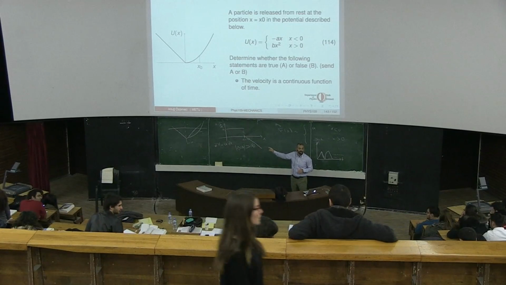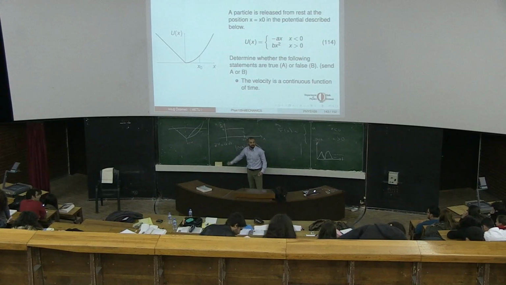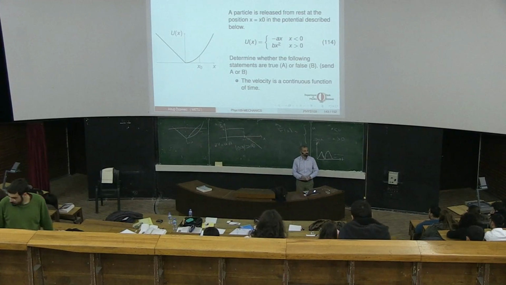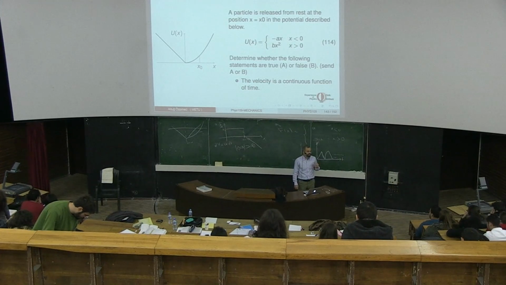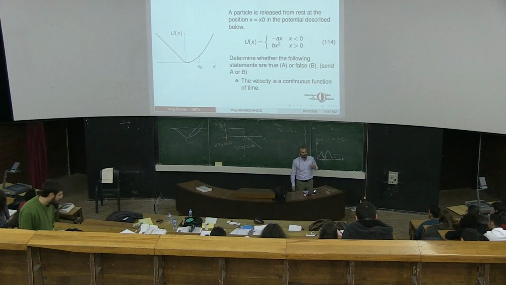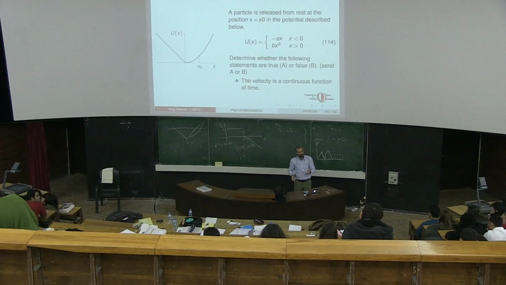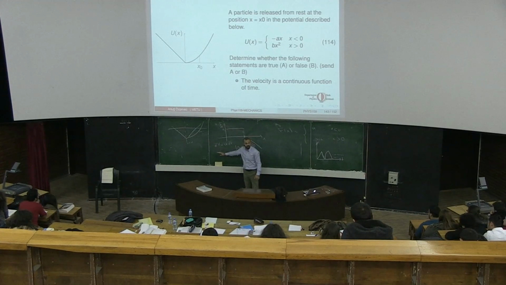In reality, we never have such a case, because infinite acceleration means infinite force, but we can approximate it. If you just take a ball, throw it on a wall, its speed changes almost instantaneously from this direction to the other direction. So it is almost discontinuous. Almost, not exactly. No. The speed in real life is always continuous.